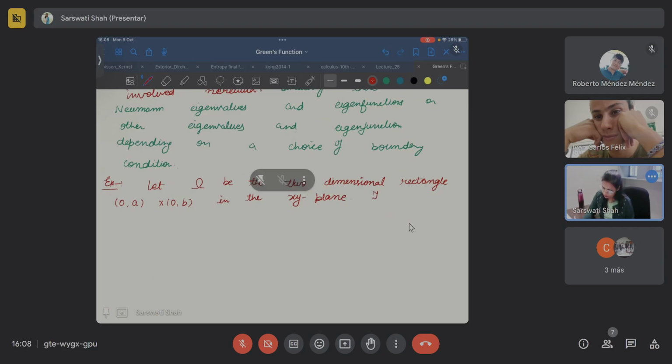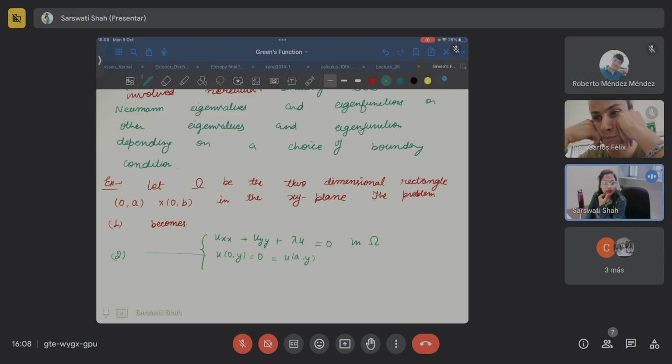Then the problem becomes u_xx plus u_yy plus lambda u equals 0 inside the domain omega, and the boundary condition is the zero boundary condition.